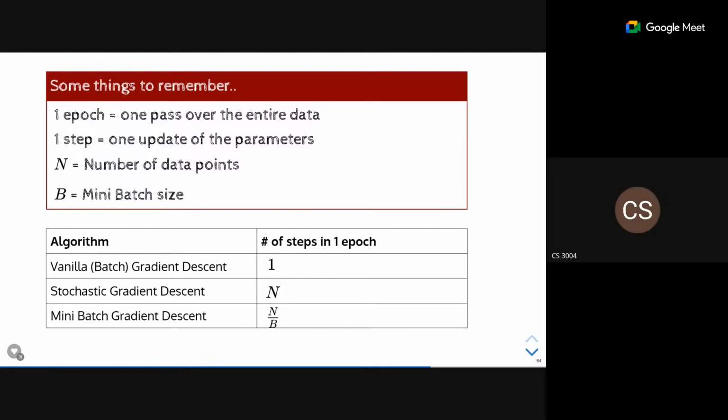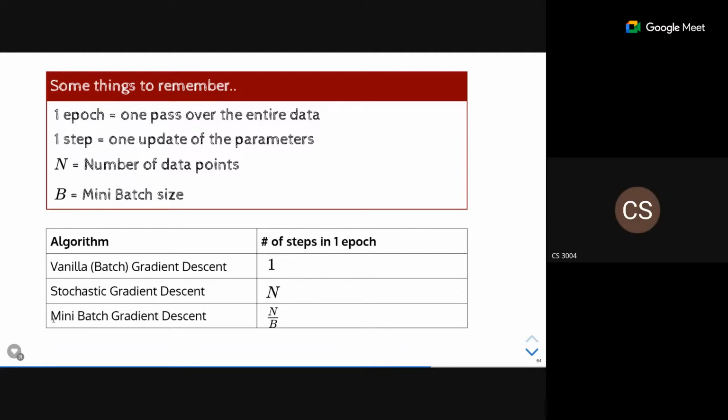So all the data points are passed and only one update happens to the weights. But in stochastic, as many data points as there are, that many times the weights update, because that's how the method works.